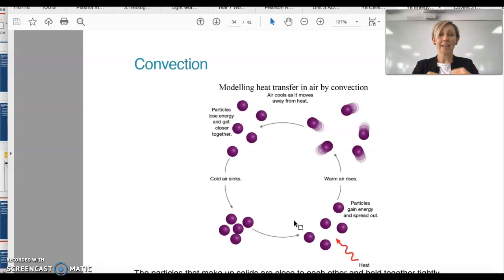So the less dense particles will rise up, and the more dense particles will sink down. When we talk about convection, often we talk about currents, cycling around like this. It's the movement of particles through currents, either air currents or water currents.